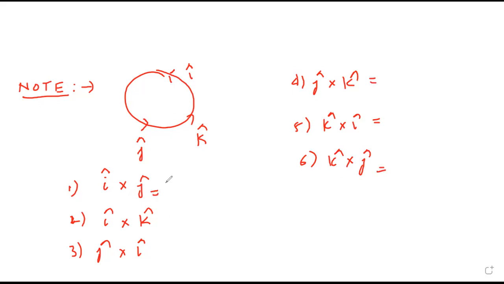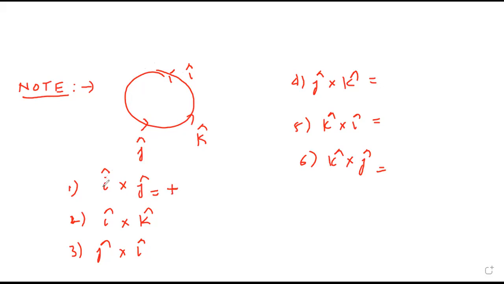I cross J. If you are moving in anti-clockwise, the answer is plus, clockwise then minus. So if I'm moving from I to J, am I going clockwise or anti? Anti. So it will be plus.